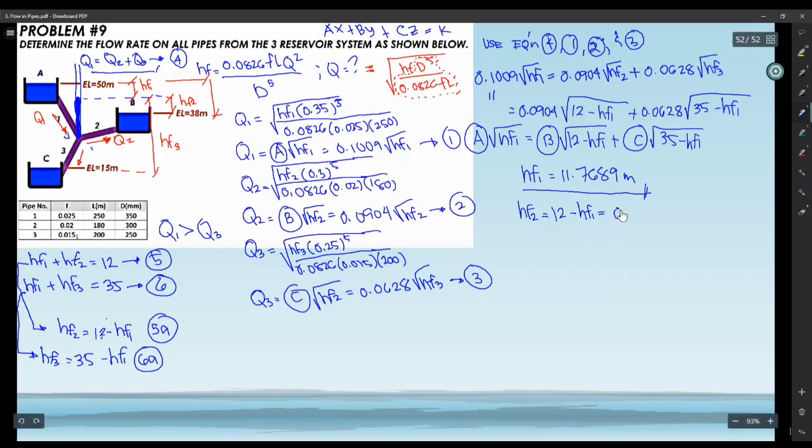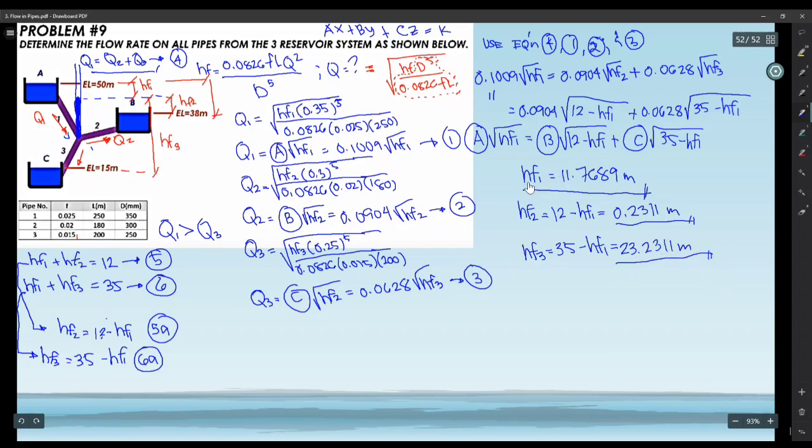So 0.2311. Ito siya. And then yung HF3 natin, that is 35 minus HF1. That is 23.2311 meter.